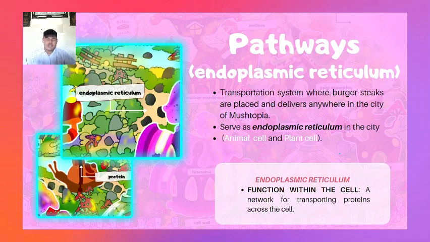So the pathway serves as an endoplasmic reticulum in the city, which can be seen in animal cell and plant cell. Just like the endoplasmic reticulum, they are both related with each other because the endoplasmic reticulum is a network for transporting proteins across the cell, while the pathway is a network for transporting burger steaks across the city of Mushtopia.